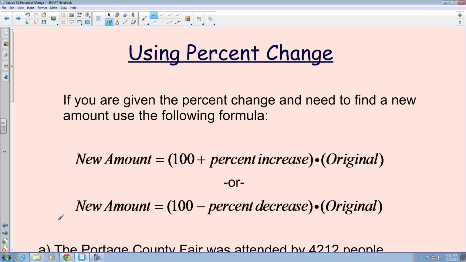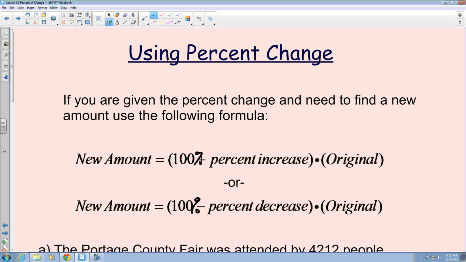Here, again, we're still going to use the percent change, but here is how we're going to find the new amount by using these formulas. To find the new amount, we're going to take 100%, and we're going to subtract the percent decrease, and then we are going to multiply it by the original.